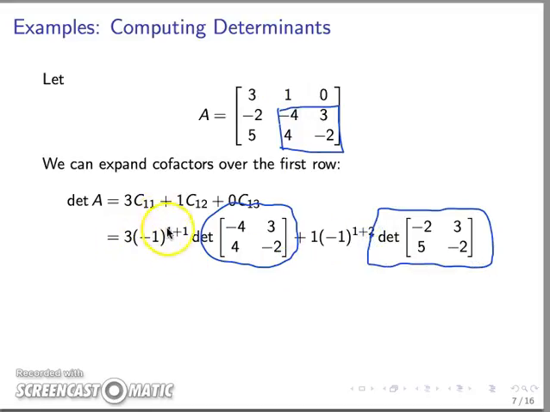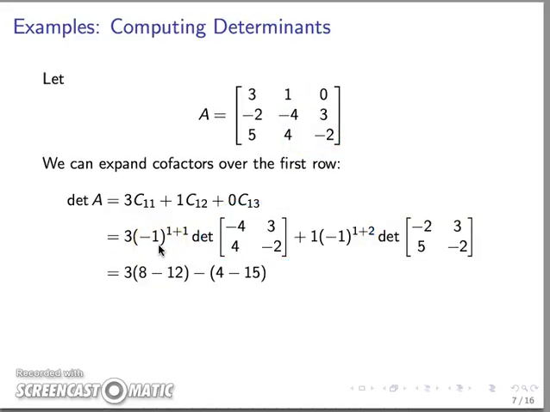We have to keep track of these powers of -1, and this calculation reduces to -1. The important thing is that we chose to expand over the first row. If we chose to expand over a column of this matrix, or over a different row, we would verify that the determinant of this matrix is always equal to the same value, which in this case is -1.